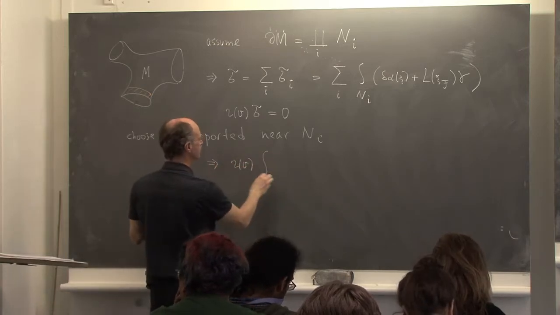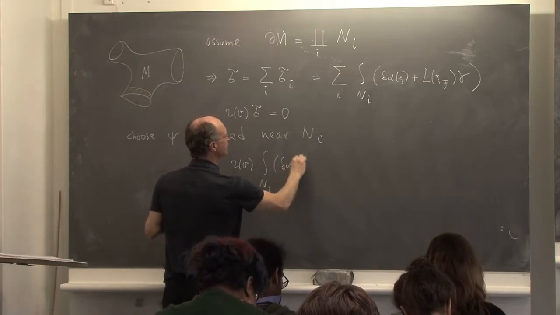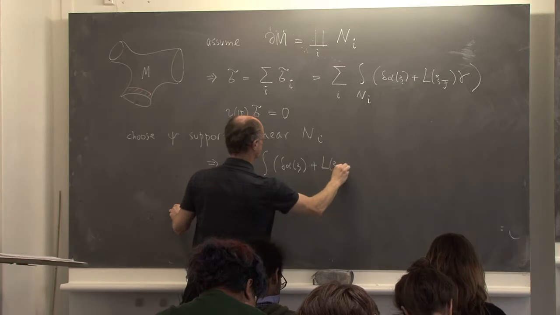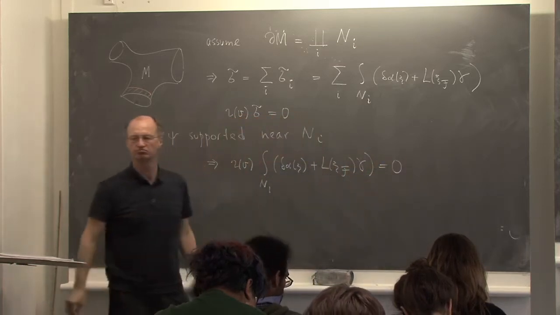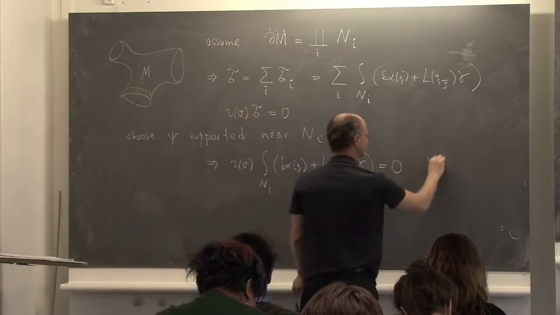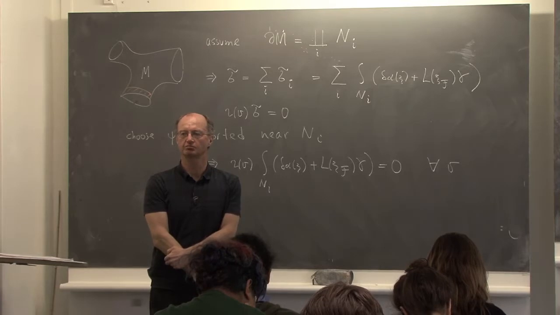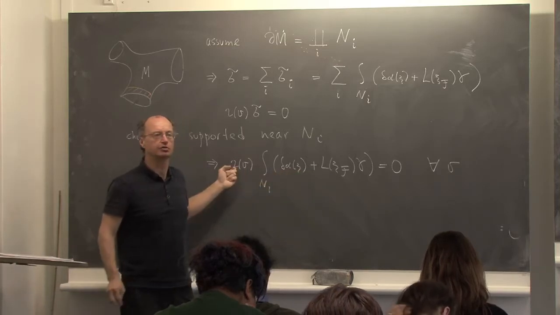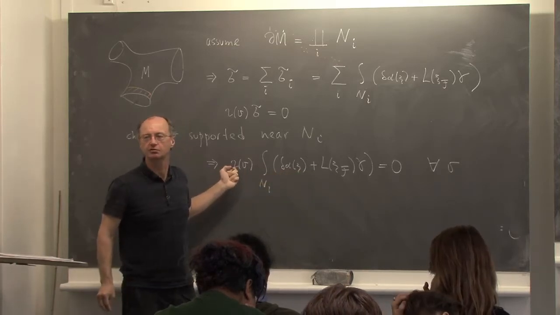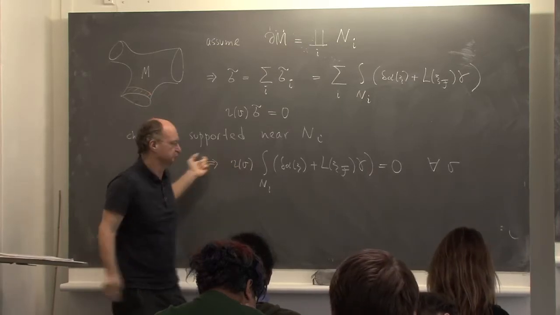So iota v integral over N_i of delta alpha psi is equal to 0, for all v. But now if some one form is equal to 0 when paired to an arbitrary vector field, what is this one form? 0.